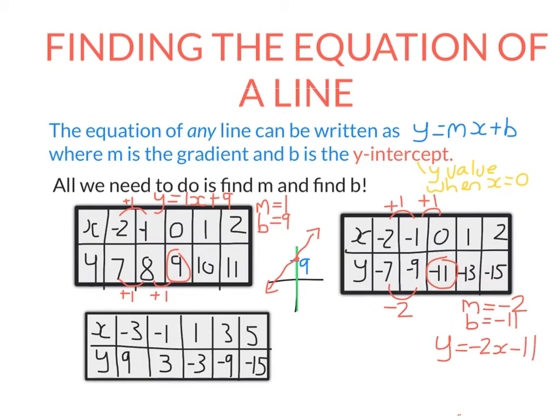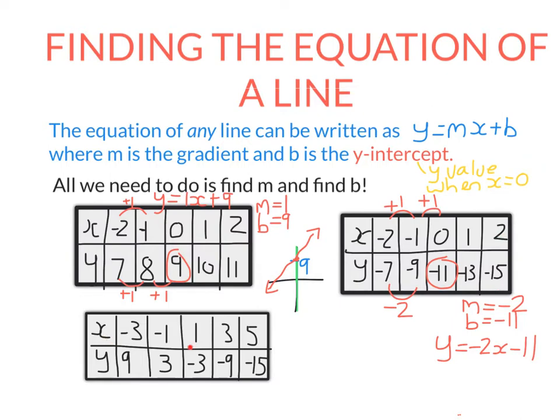Once again, this is a rule that tells us how to get the y value if we know the x value. It says times the x value by minus 2, then subtract 11, and you get the y value. So minus 2 times minus 2 is 4, minus 11 is minus 7. This point here works too. If you go minus 2 times 2, then subtract 11, you get this value here.